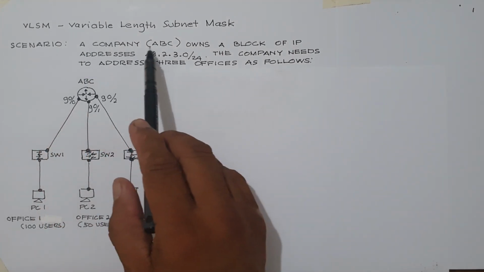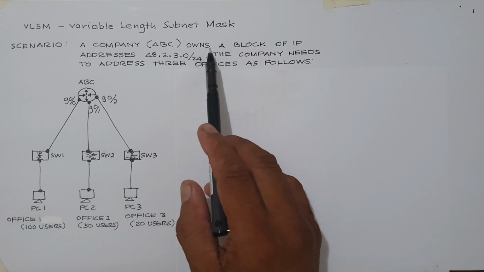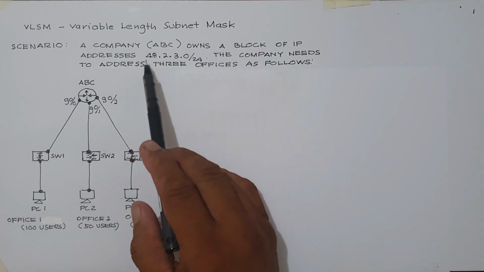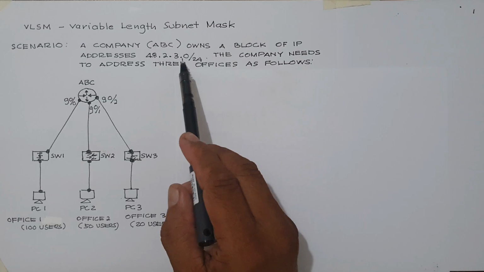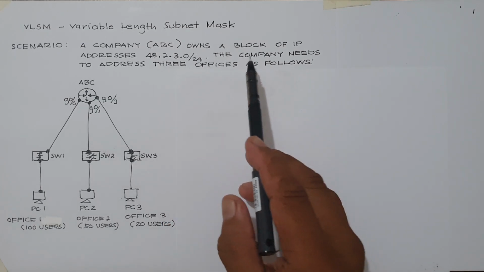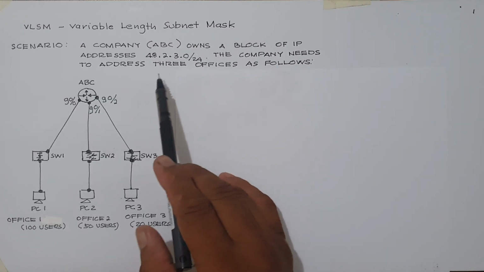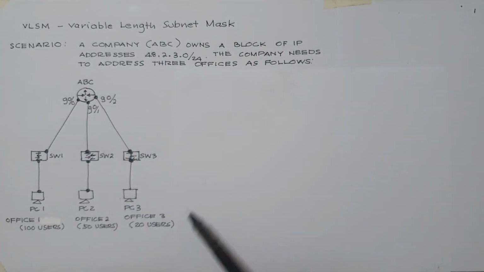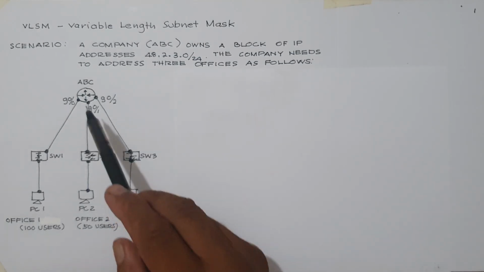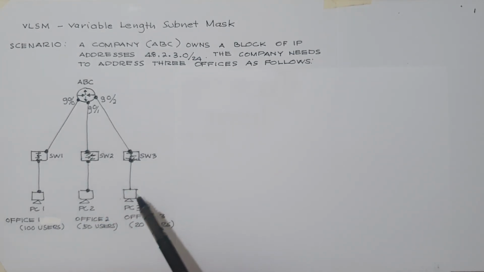A company, ABC, owns a block of IP addresses 48.2.3.0/24. The company needs to address three offices as follows. So this is the local area, this is the network of the company, and it connects three offices.